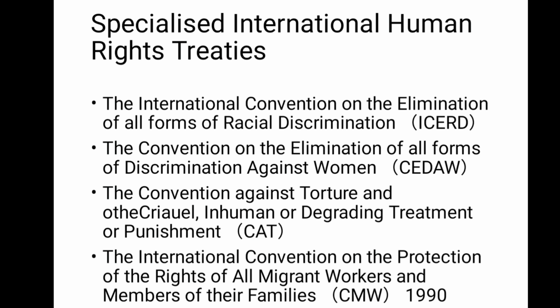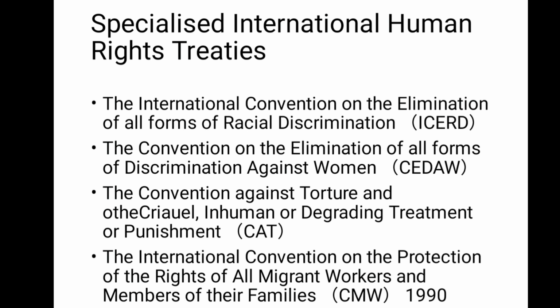Now, what is the principal definition of this convention? The convention is applied to all migrant workers and members of their families without distinction of any kind, such as sex, race, color, language, religion, or conviction, political or other opinion, national, ethnic, or social origin, nationality, age, economic position, property, marital status, birth, or other status.